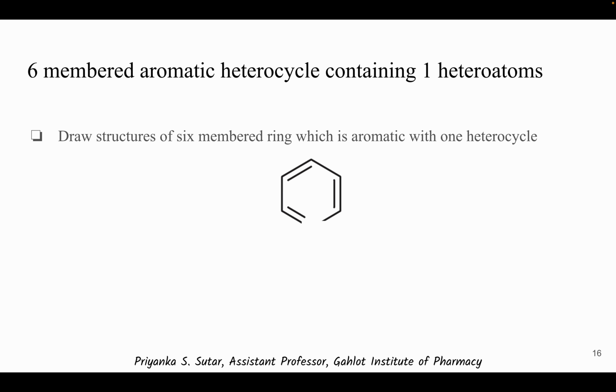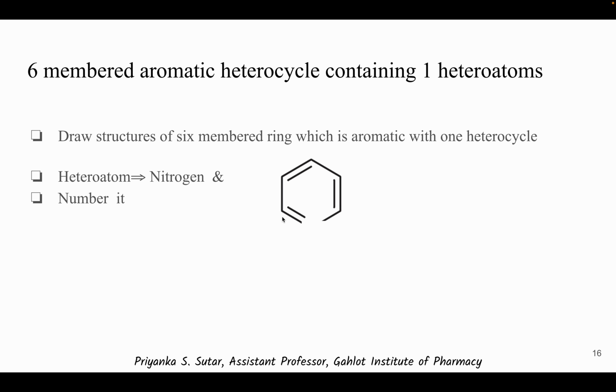So it looks like this, and the heteroatom is only 1, right? The heteroatom is nitrogen. Particularly this structure is called what? Pyridine, and you can number the structure as 1 2 3 4 5 6.